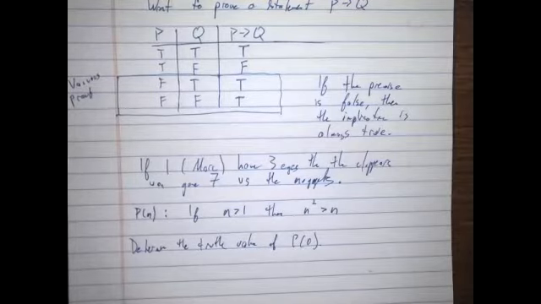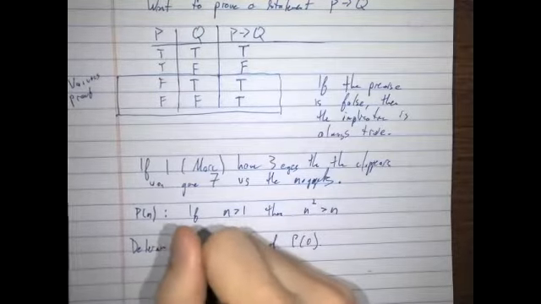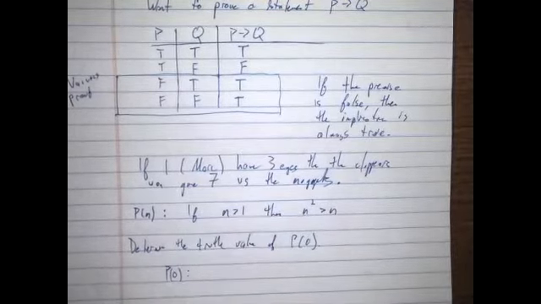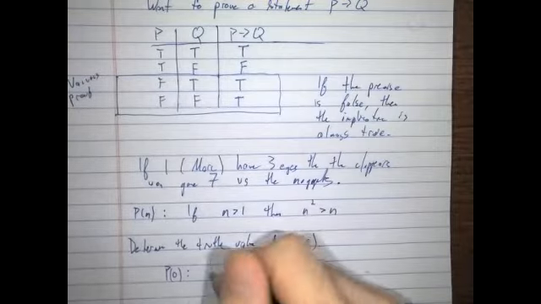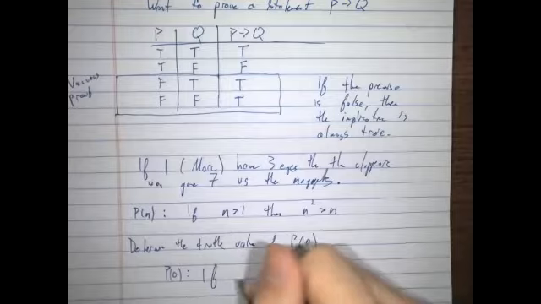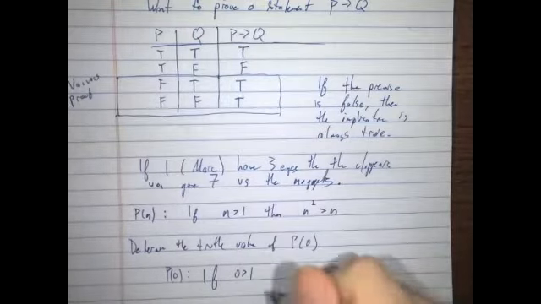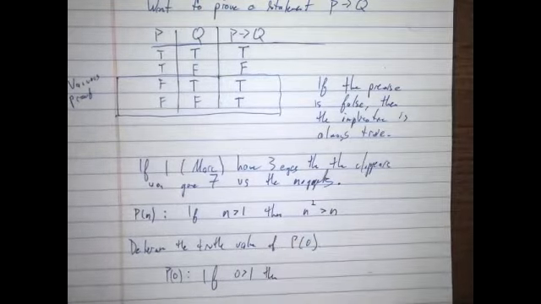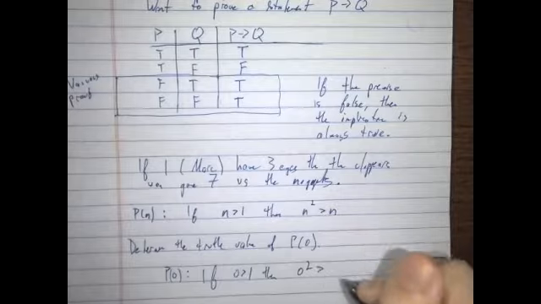What is the statement P0? It's if 0 is greater than 1, then 0 squared is greater than 0. Exactly, 0 squared is greater than 0.